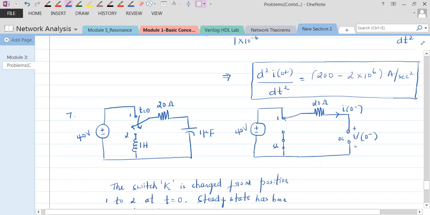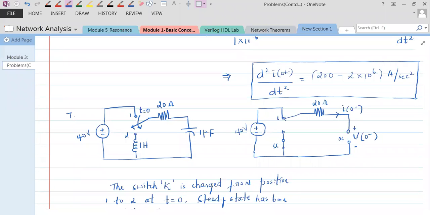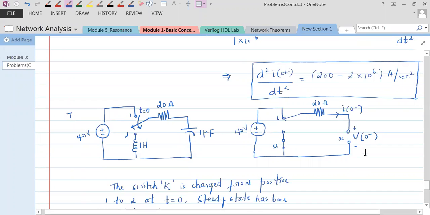What is V? This V is the voltage across the capacitor. This is the current that is flowing when the circuit was at steady state at t equal to 0 minus. So from this, can we find out I of 0 minus and V of 0 minus is the question.